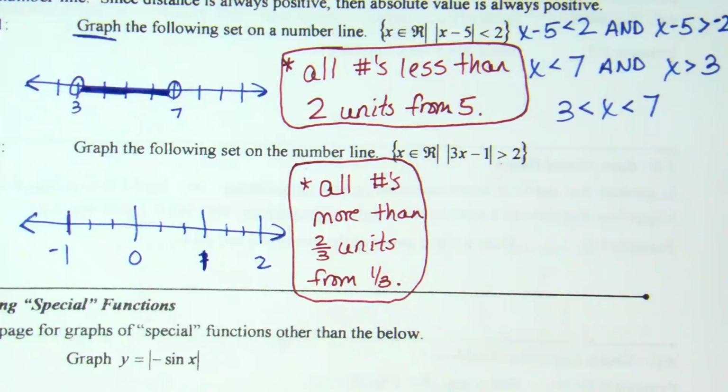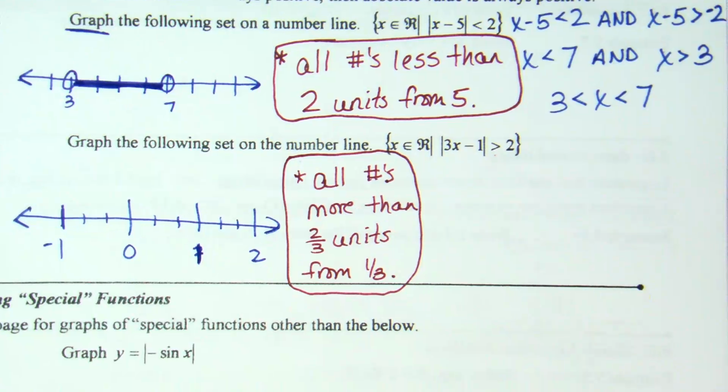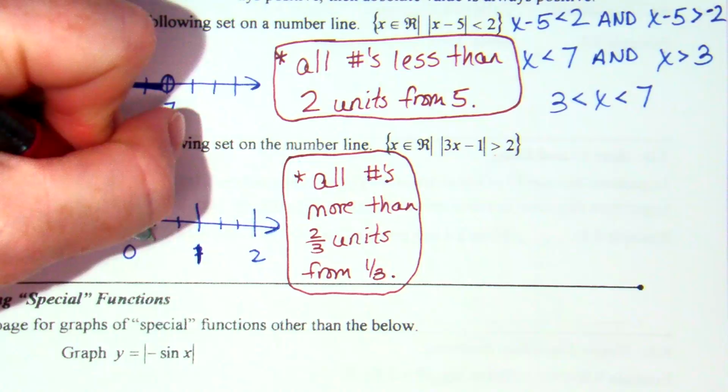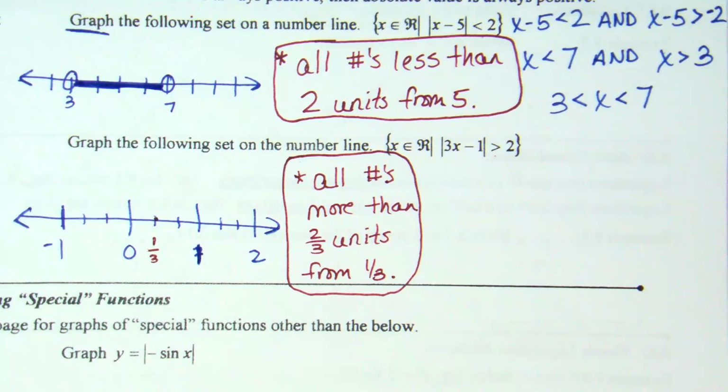So, think about this. Where's my centering point going to be? At 1/3, which is right here, yes? Nothing really goes there other than a little mark for my benefit. Now, I'm not really trying to graph anything.